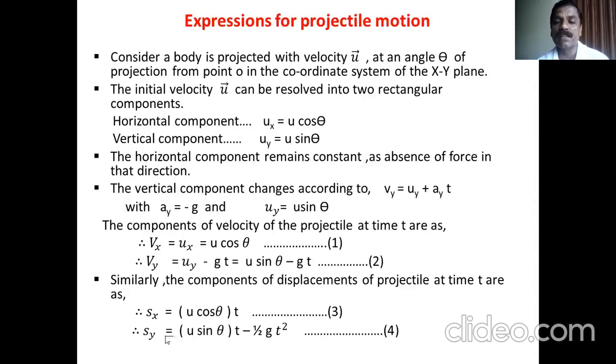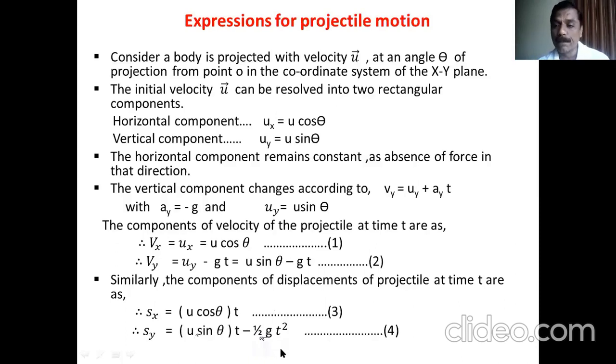Minus, this minus sign is for the same reason. So instead of a, we can use minus g, which we have already shown along the vertical direction. So this equation will change as Sy, the displacement along the y-axis.